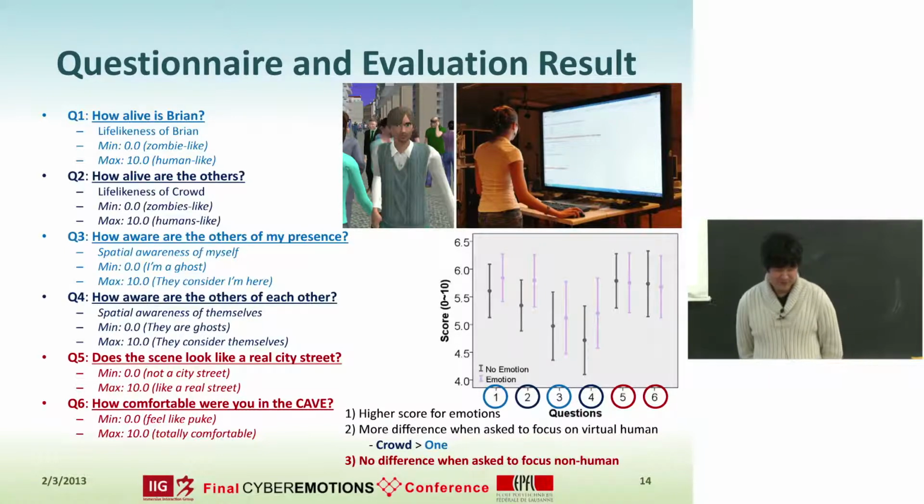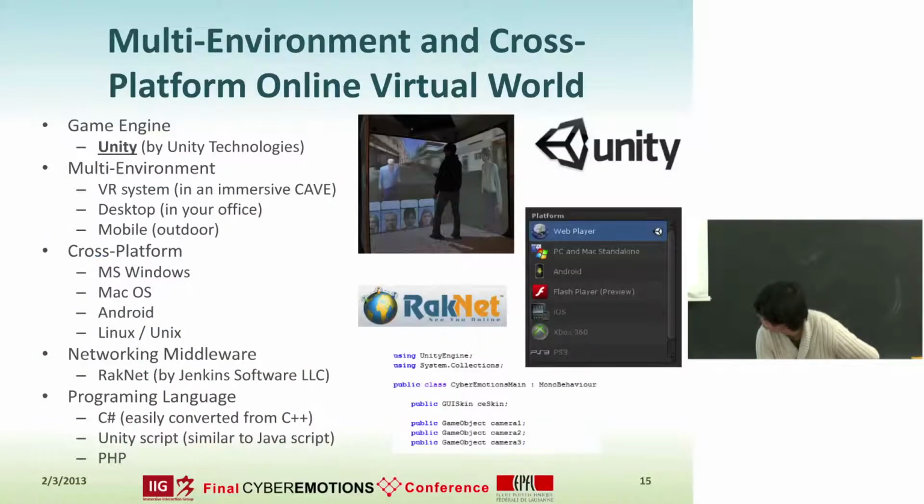But since we are running out of time, I will just show you that the crowd scene with emotional facial expression was more realistic than the crowd scene without facial expression. If you are interested, I can tell you more detail later.